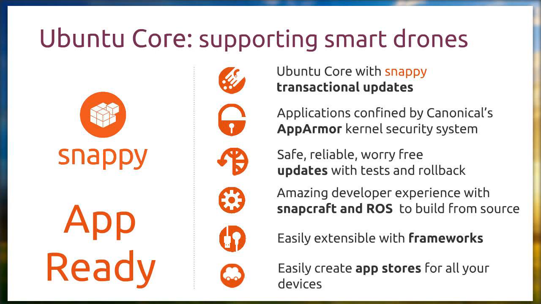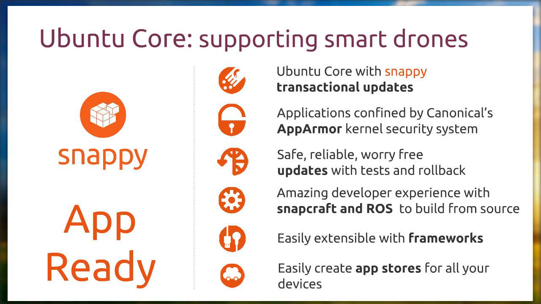All this is achieved using standard Linux kernel primitives called AppArmor. And what this allows us to do is have a very clean separation between the kernel space, the user space, and the application space, sort of creating a sandbox around each of them and offering guarantees around updates and rollbacks.